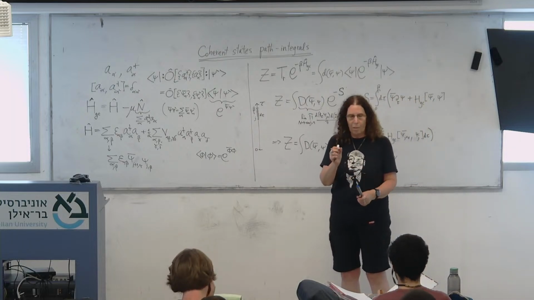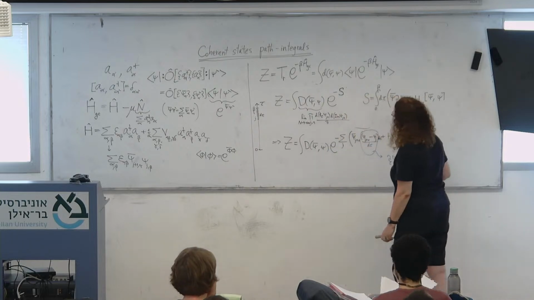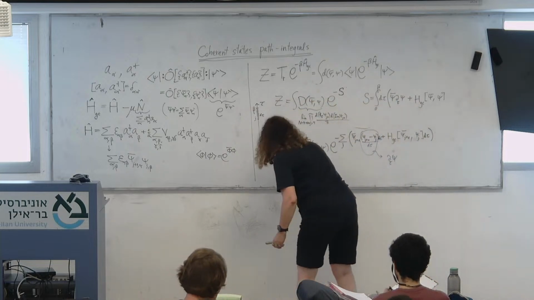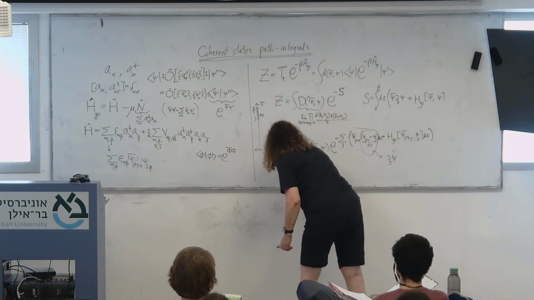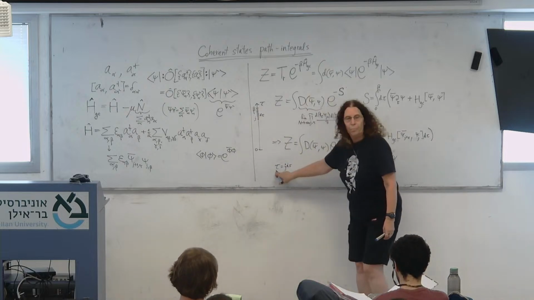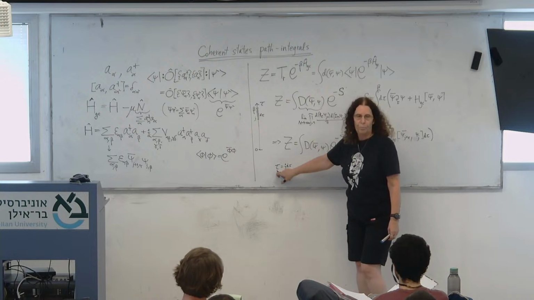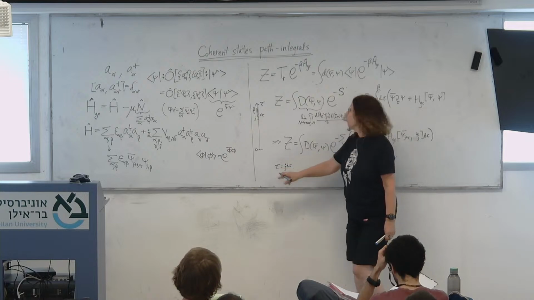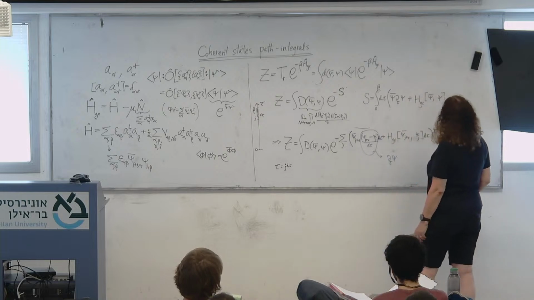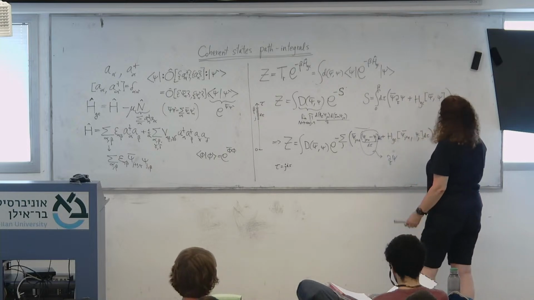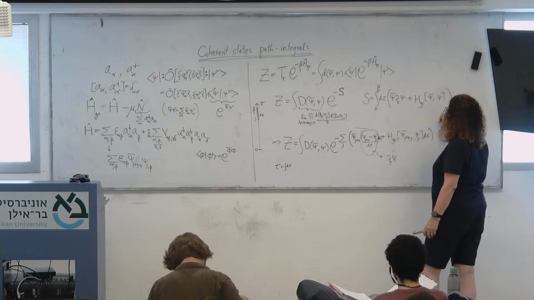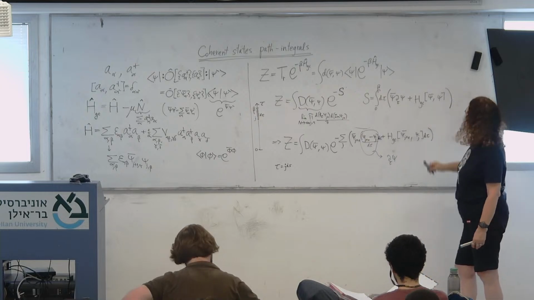In the continuum limit, j times d tau is tau, the continuous variable tau. So this is the result.